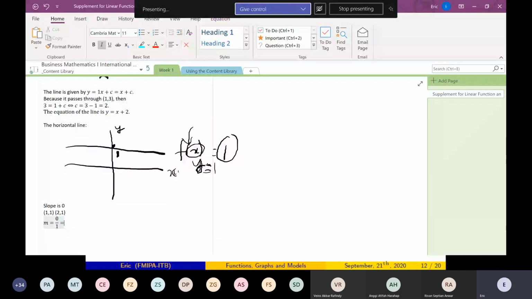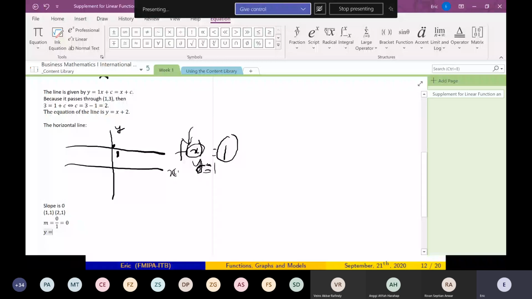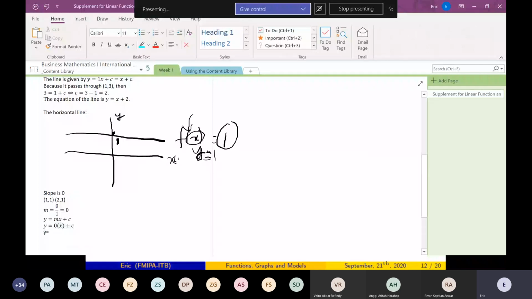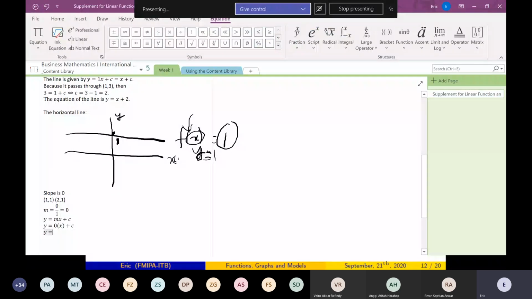What is 0 divided by 1? 0, yeah. Why? Because 0 times 1 is 0. So I use y equals mx plus constant, where m is 0, so y equals 0 times x, which is 0, plus constant.